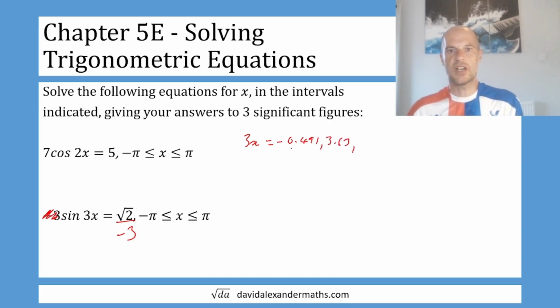And the next pair of solutions is the first pair plus 2 pi. So minus 0.491 plus 2 pi is 5.79. The next one after that is 3.63 plus 2 pi, which is 9.91. The next one after that is 5.79 plus 2 pi, which is 12.1.